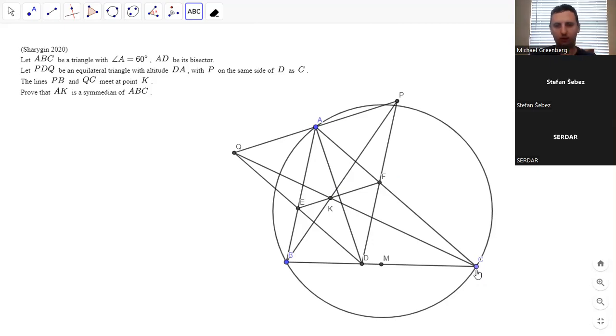So if we can show that BQ and CP are parallel to AM, that solves it. Is that what you were trying to do? If we prove that BQ and PC are parallel, then it's obvious that AM is parallel to these two lines because it's the median line. Oh yeah, good point.